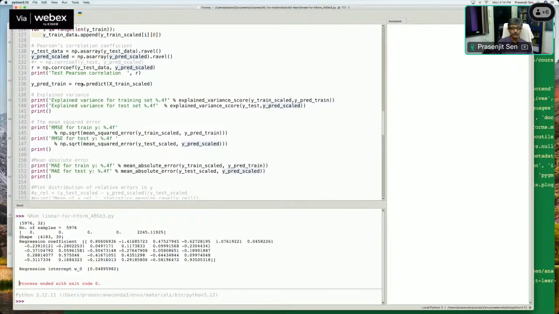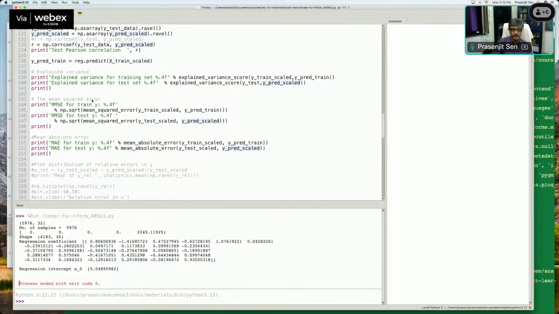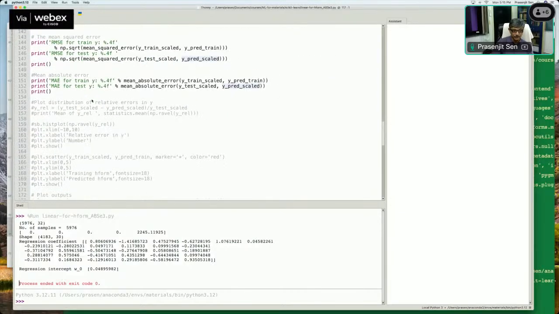But when you are doing a physics problem or a materials problem, you would like to quote your errors in the actual physical units. In particular, you would like to have your mean squared error or mean absolute error in physical units.